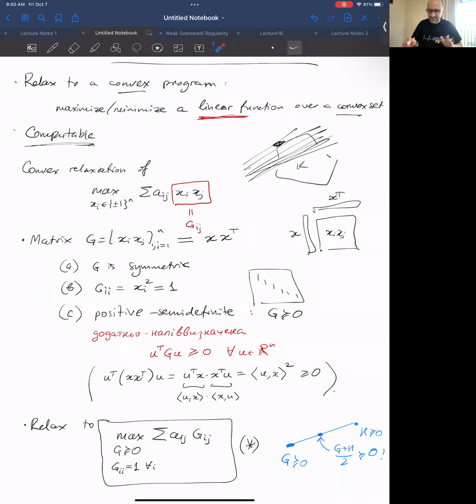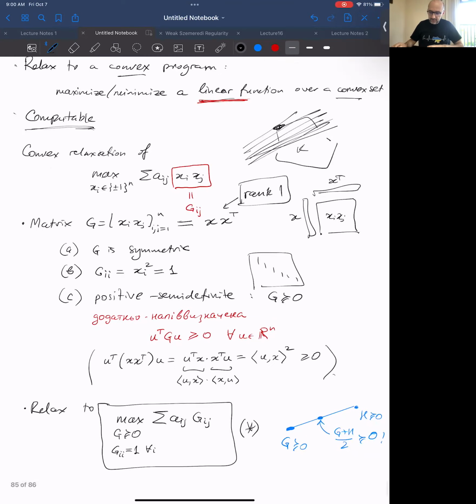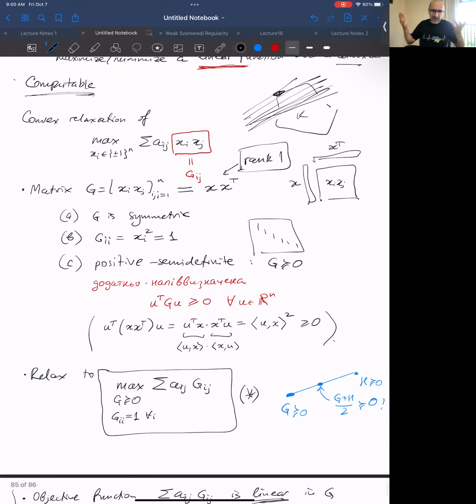No. Any matrix that's XX transpose has rank 1. Agreed? Because X is an n by 1 matrix, so it's rank 1. And of course, positive semi-definite matrices with 1 on the diagonal could have very high rank. Any rank actually, up to n.